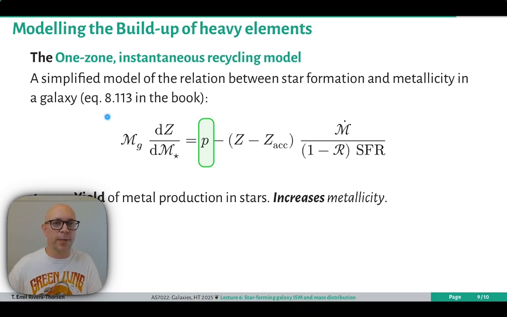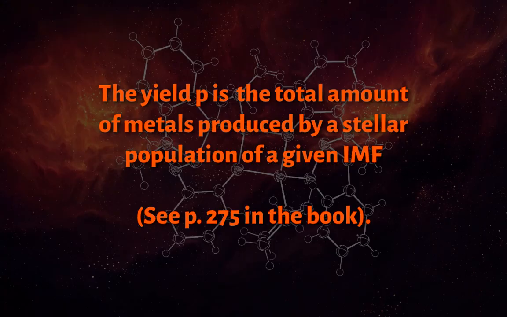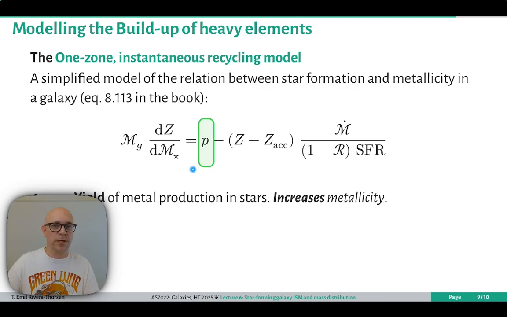It shows that the gas mass times the rate of change of metallicity per rate of change of gas mass is equal to this letter P, which is the yield of metal production in the stars. This number will generally be increasing the metallicity.